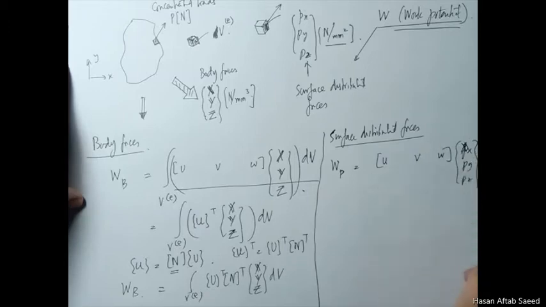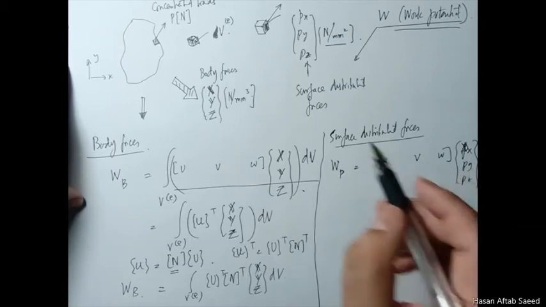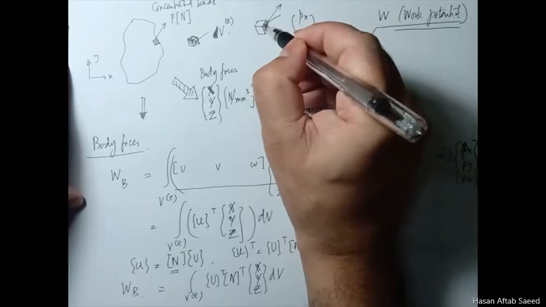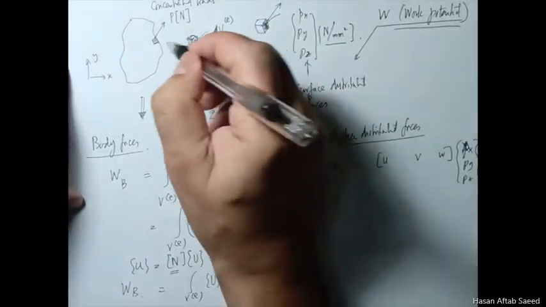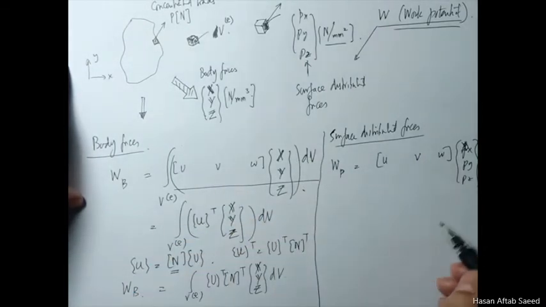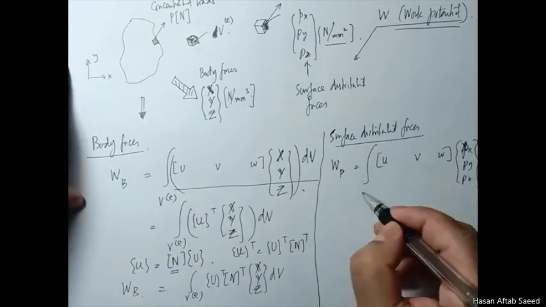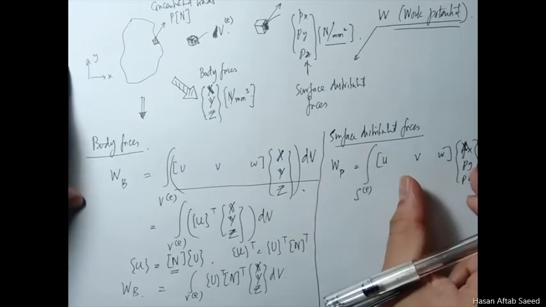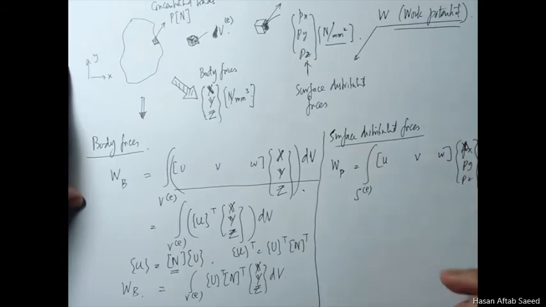This is simply a dot product, and we would have taken that. But obviously we are talking about not one point but all the points on this surface, just like we were talking about all the points in the whole volume. There we had a volume integral. Here we'll have a surface integral over the element. This will give us the work done by the distributed forces on any surface.